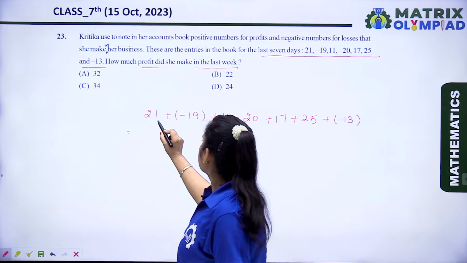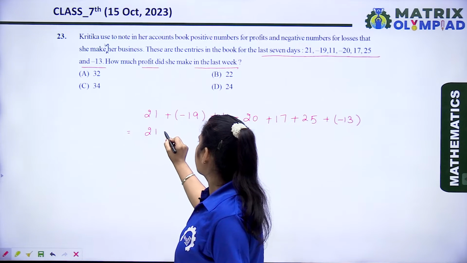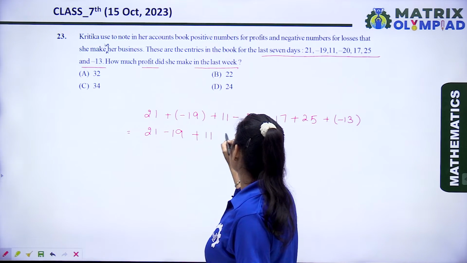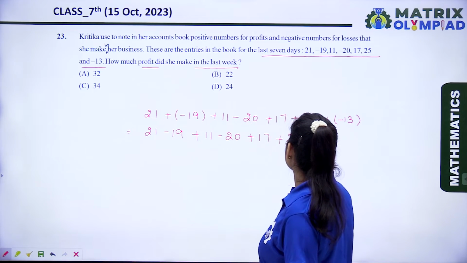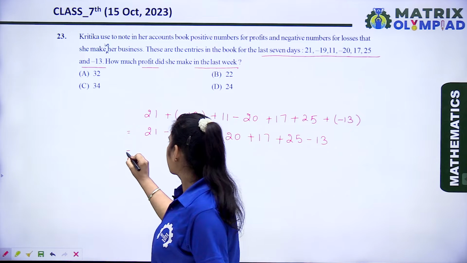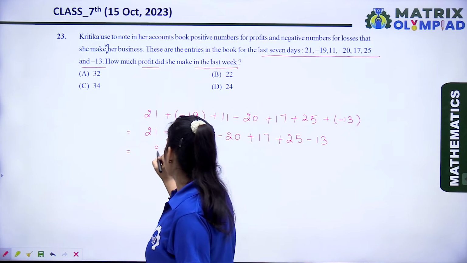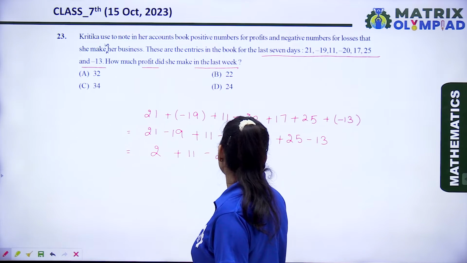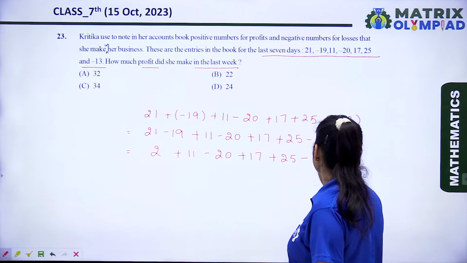Now here 21 plus minus is minus, so 21 minus 19 plus 11 minus 20 plus 17 plus 25 negative 13. 21 minus 19, we have 2 plus 11, minus 20, 17 plus 25, negative 13.